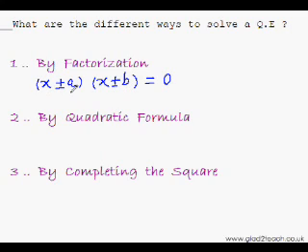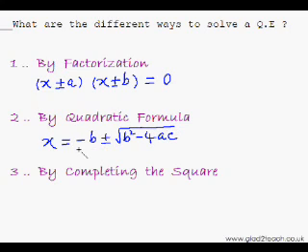And once we have the factors, we can easily find the roots as well. The second way is by quadratic formula, which is x equal to minus b plus minus under root b square minus 4ac divided by 2a.